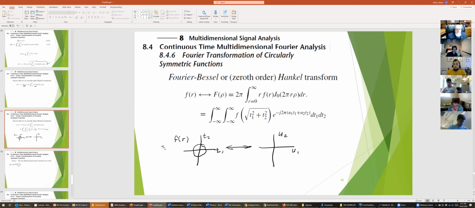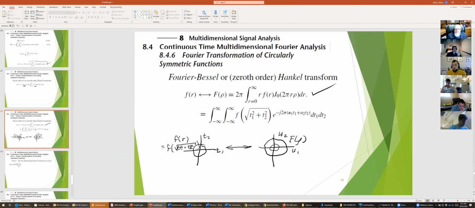Notice this is the same thing as a function of the square root of T1 squared plus T2 squared, right? It's the same thing. There's two ways to do it. Number one is to go right to the Hankel transform and just use the Hankel transform. And whatever we get out of here is the result that we're going to get over here, which is going to be the Hankel transform.